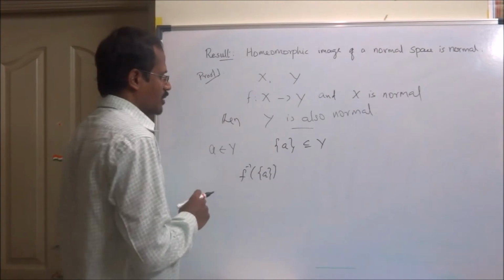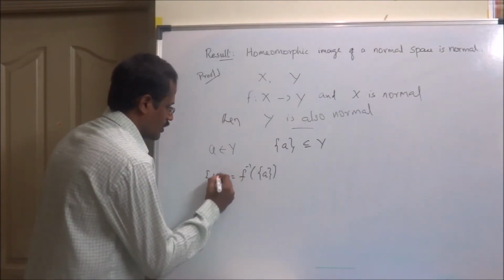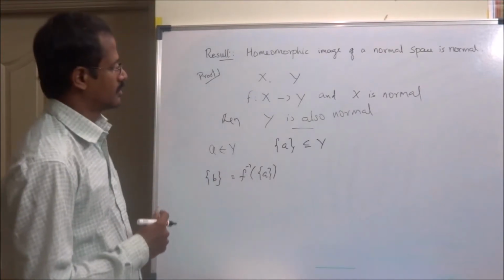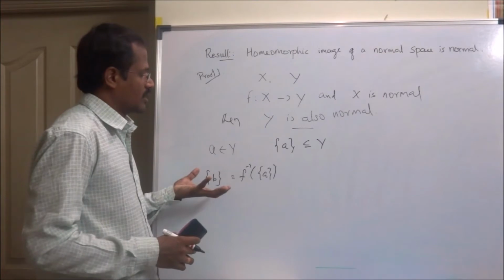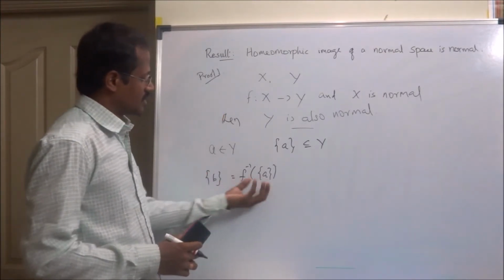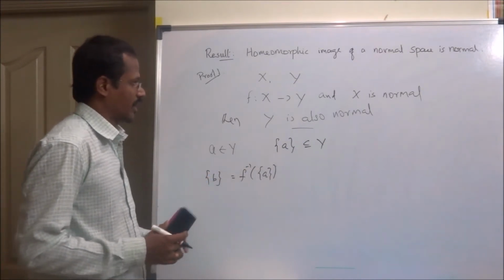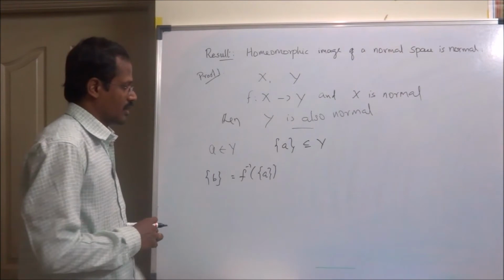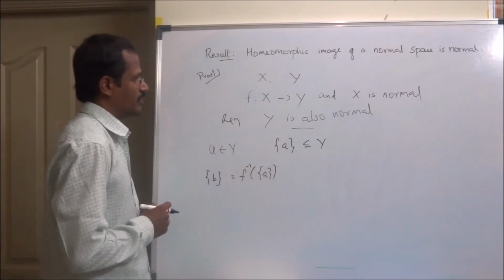Since f is a bijective map, f inverse of {a} is only a singleton set. Otherwise, this may be a subset of X which contains more than one point. Now f is a bijective map, which implies that f inverse of {a} is a unique point in X, say b, and therefore we have f inverse of {a} as {b}.